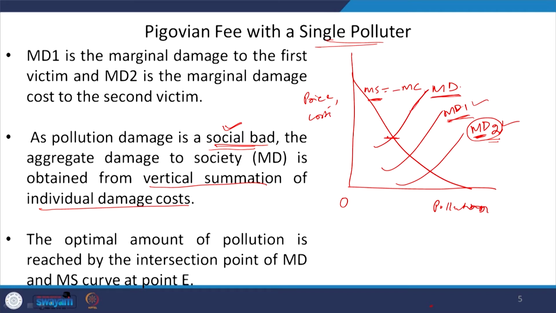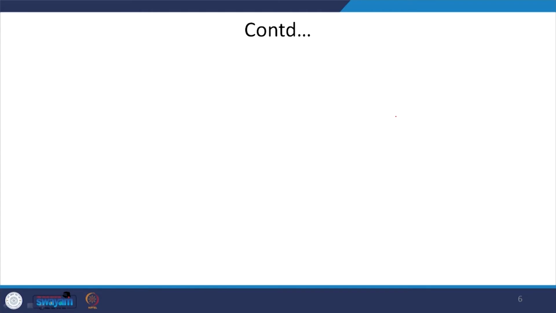This is the aggregate marginal damage, and this is the aggregate marginal saving, or minus of the marginal cost function. At this point E, the optimal amount of pollution is reached.